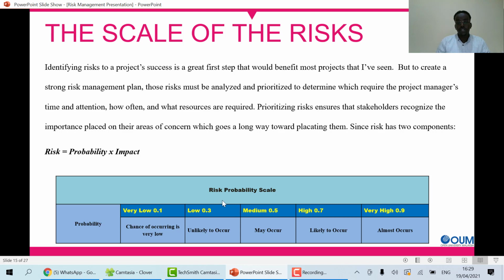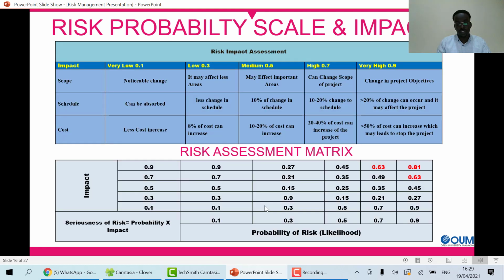This is the risk probability scale. That means we level risks and give them a number in order to measure all possible risks of our program and prioritize them. Next, measure the risk impact assessment. If a risk can affect our scope, the impact is rated very low, low, medium, high, or very high.